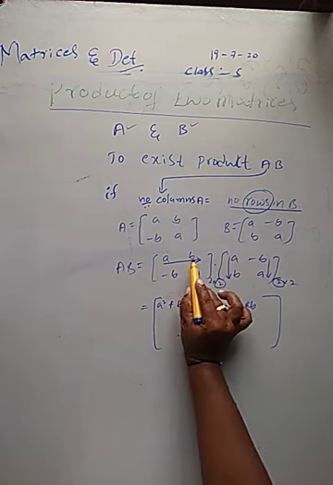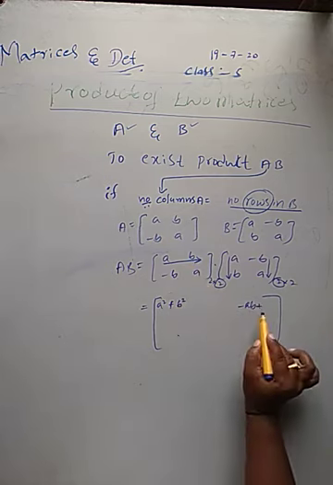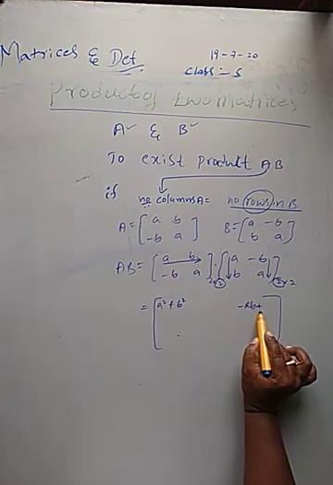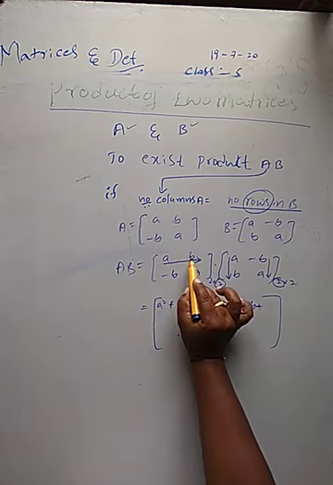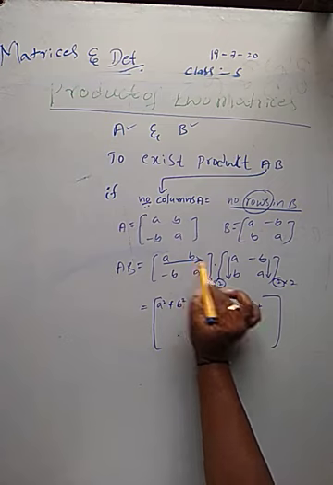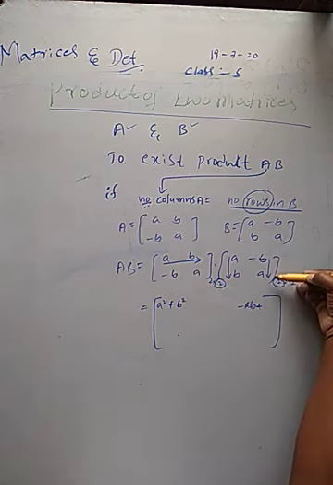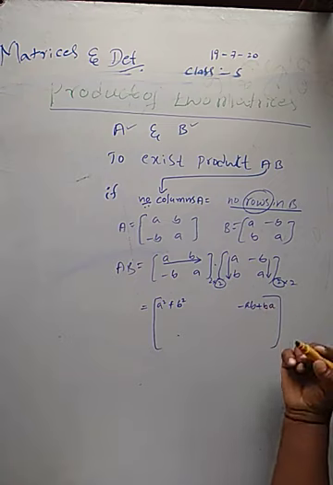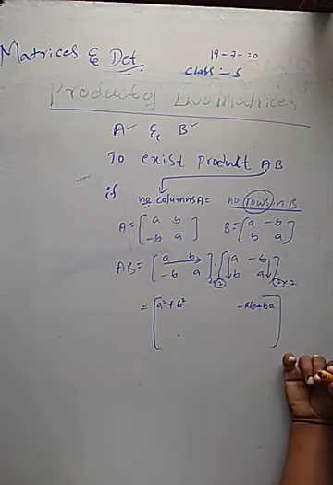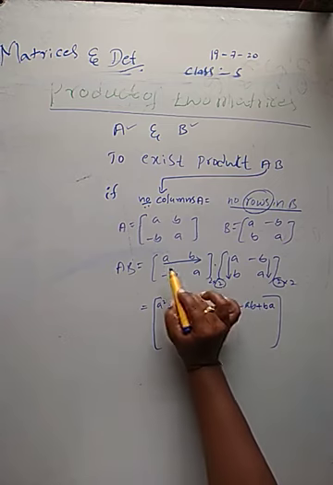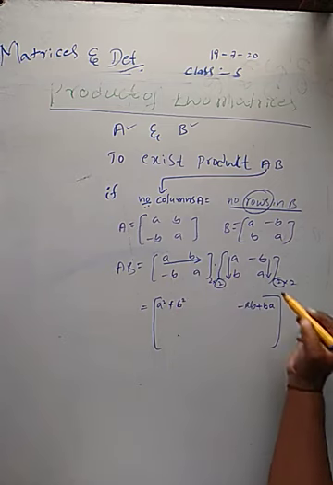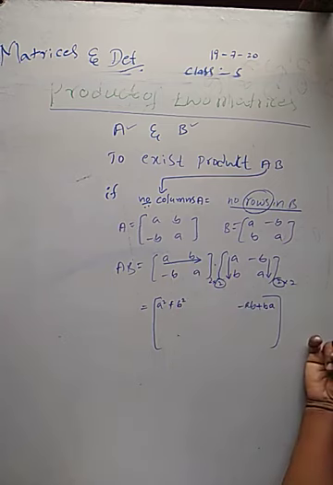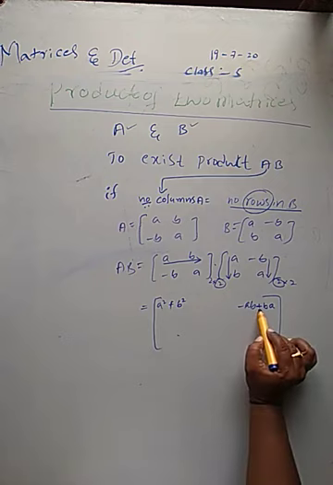Again, yes, after completion of an element, commonly we use plus. Yes, second element of the first row, second element of the second column. What is that? Plus BA or AB. BA, AB both are same. Now, the two elements in this row and two elements in this column are completed using plus between them.